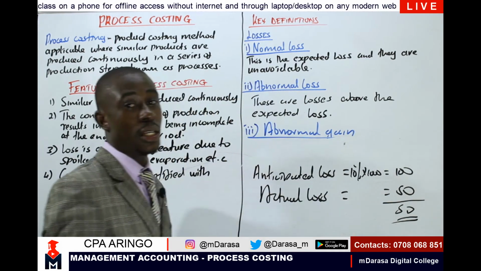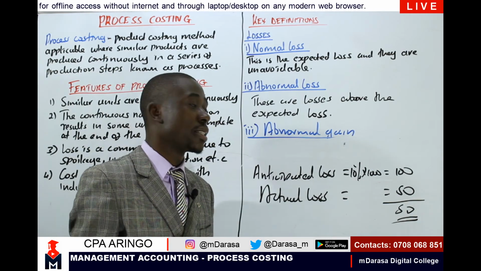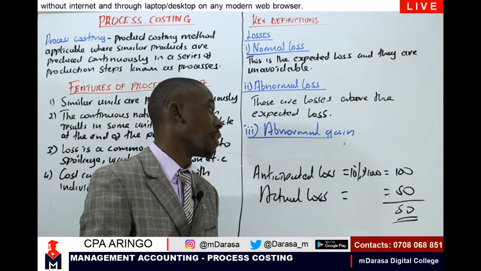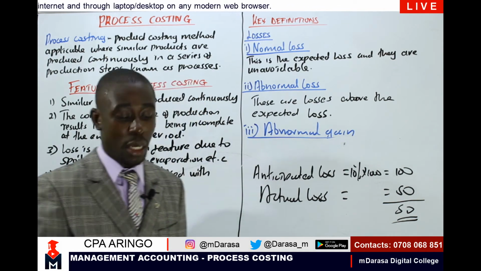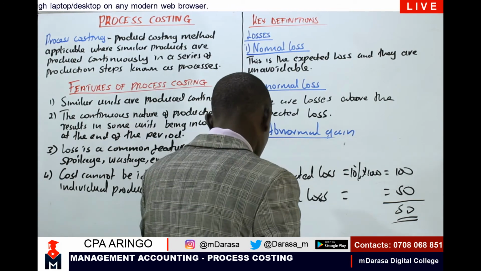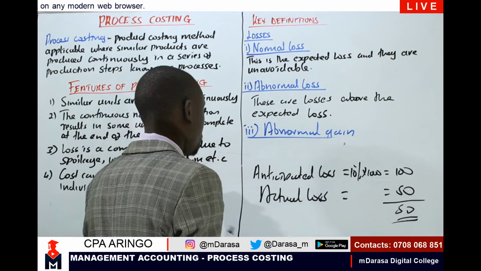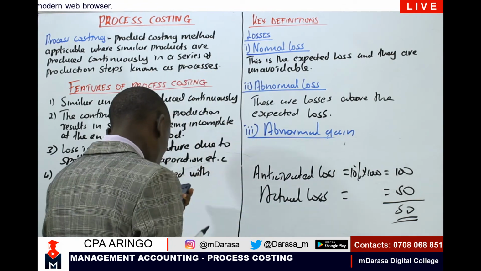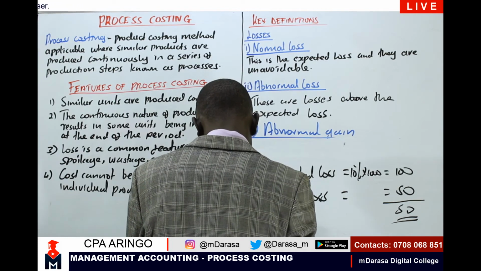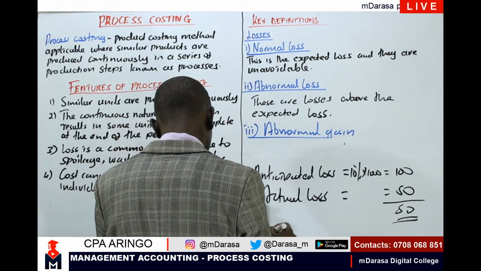But this 50 is what you're going to term as abnormal gain, meaning these are units of losses that are below what you had anticipated. So basically, we can clearly say that this represents the expected loss, or rather abnormal gain. We normally say that it represents the expected loss transferred out of good output, meaning there are units which were expected to be lost, but they were not lost.